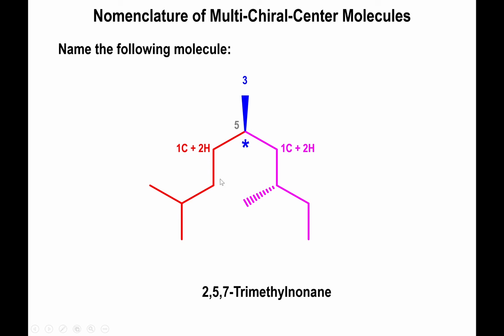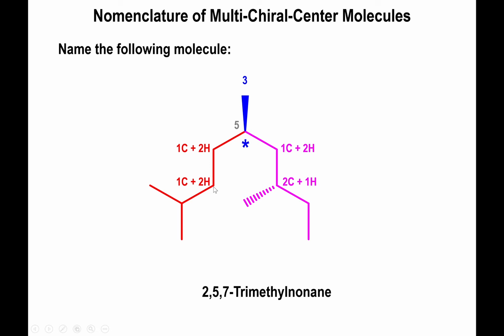What we see is that the next segment is a CH2 in the red chain. On the pink chain, this is a CH. What that basically means is that this contains a carbon that has 1 carbon and 2 hydrogens bound to it. This one contains 2 carbons and 1 hydrogen bound to it, right? So looking at that level of hydrogen is the easiest way to go about it.